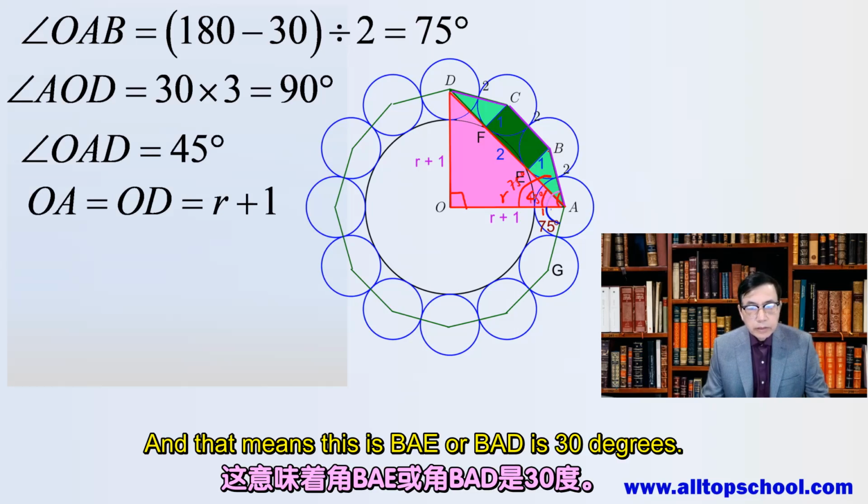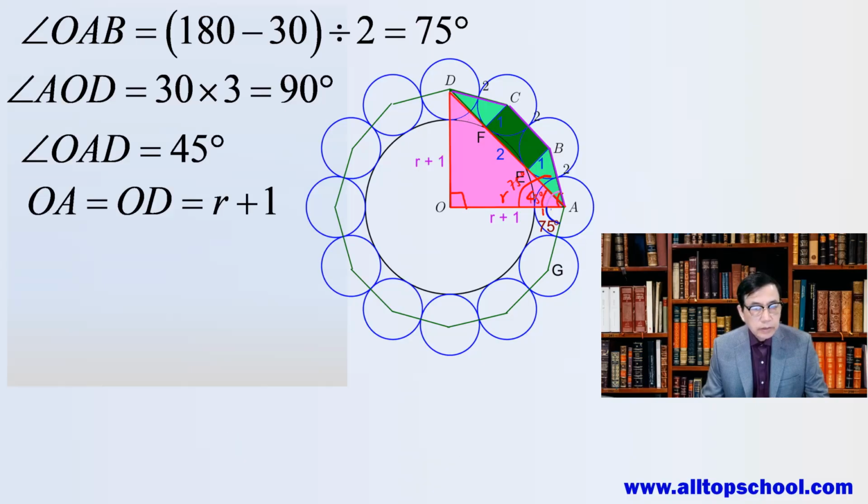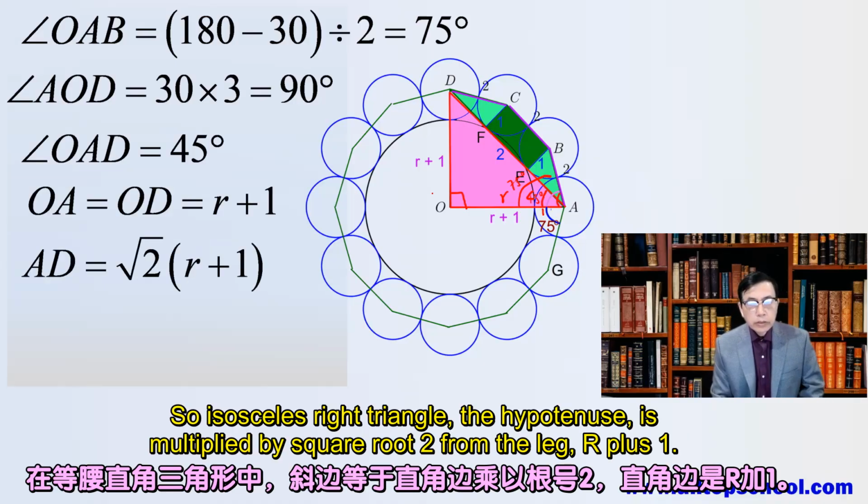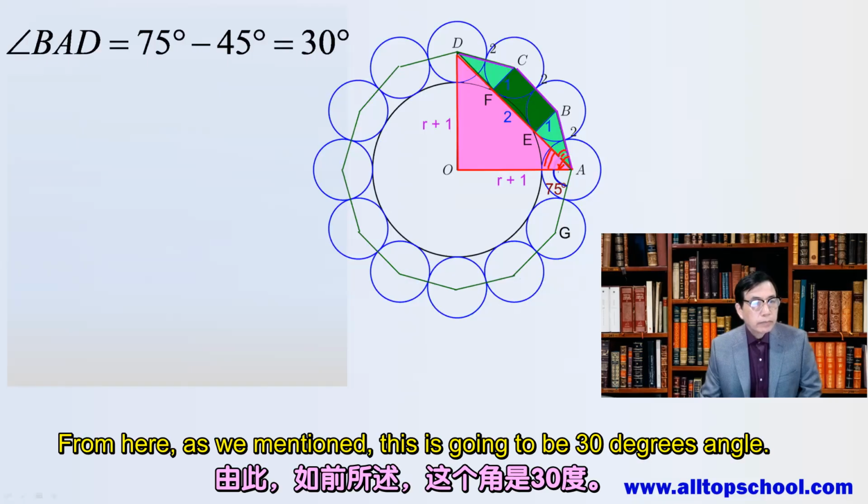That means BAE, or BAD, is 30 degrees. On the other hand, OA equals OD equals r plus 1, so for the isosceles right triangle, the hypotenuse is the leg, r plus 1, multiplied by square root of 2. From here, as we mentioned, this is a 30 degree angle.